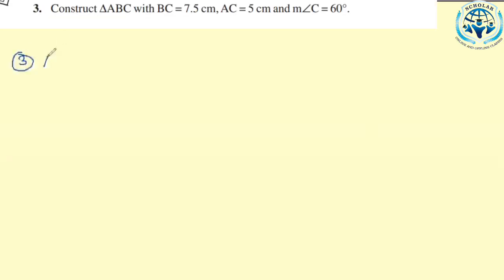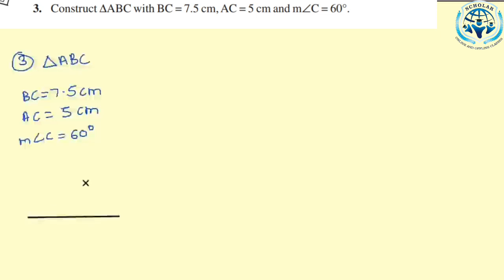Third question. Construct triangle ABC with BC equal to 7.5 centimeter, AC equal to 5 centimeter and the measurement of angle C equal to 60 degree. We will draw the rough sketch first.